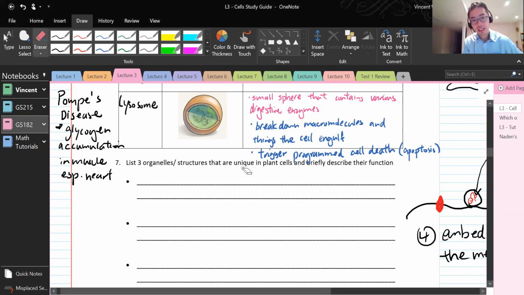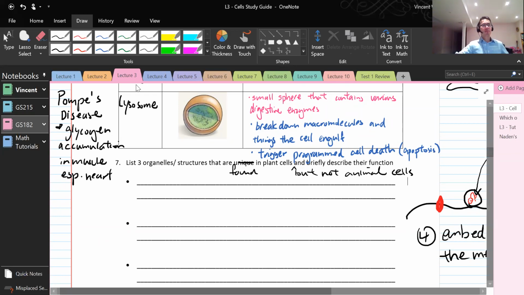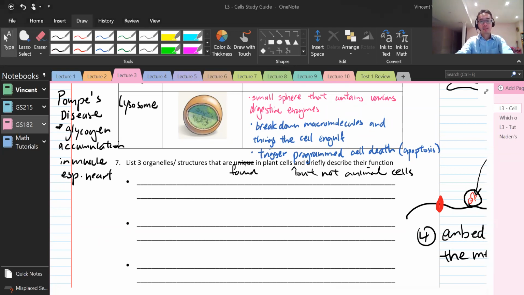Instead of saying unique to plant cells, let's say found in plant cells but not animal cells, because some of the stuff is found in plants as well as things like fungus. I just want to compare plants and animals in this case.